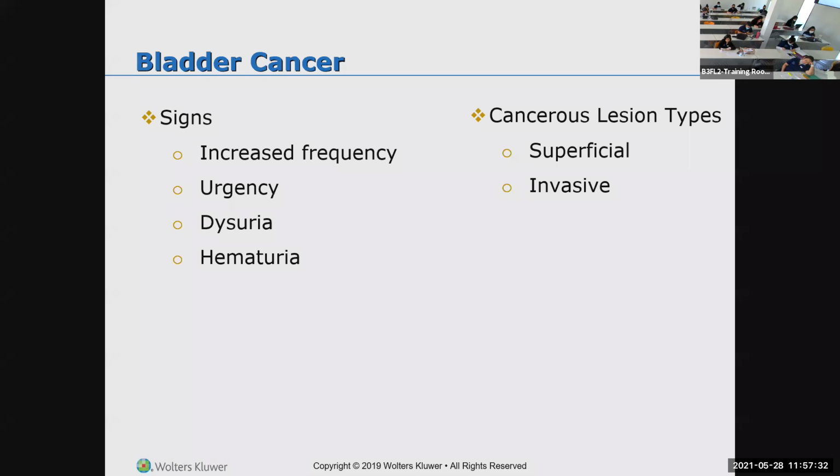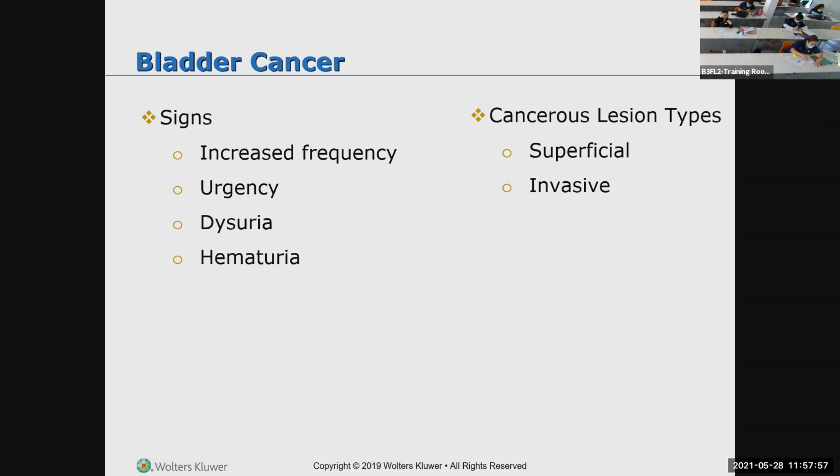Now, this topic is bladder cancer. Signs of bladder cancer: the patient will have a history of frequency, history of urgency, and will give a history of dysuria, painful micturition.